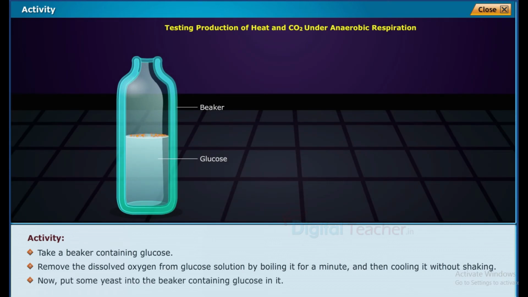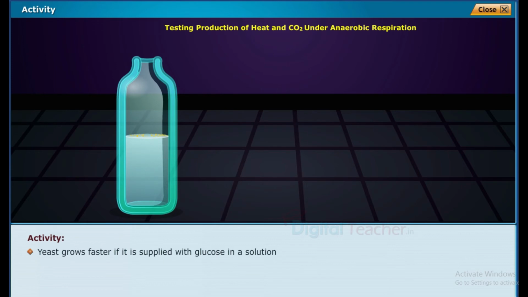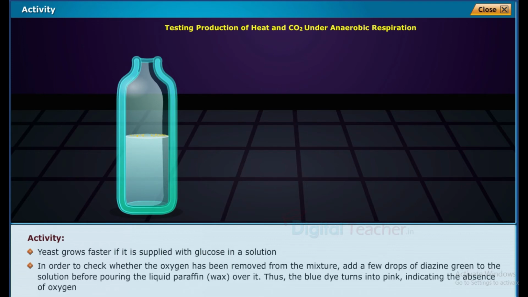Now, put some yeast into the beaker containing glucose. Yeast grows faster if it is supplied with glucose in solution. In order to check whether the oxygen has been removed from the mixture, add a few drops of Janus green to the solution before pouring the liquid paraffin or wax over it. Thus, the blue dye turns into pink, indicating the absence of oxygen.